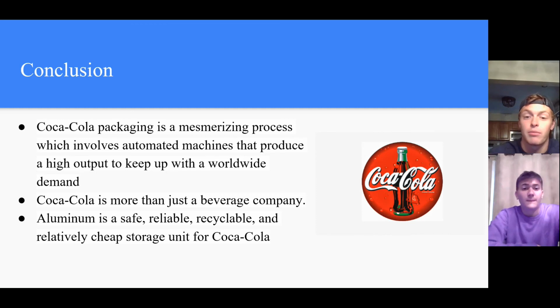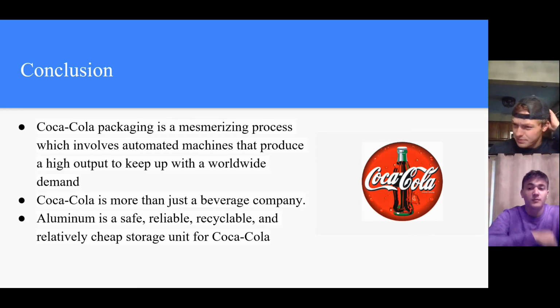And as Pat previously mentioned, Coca-Cola is more than just a beverage company, and they have their hand dipped in every pot. They sell teas, waters, sodas, but they even do a lot of merchandise. A lot of people have a Coca-Cola collection of various products with a Coca-Cola label on them. So I think that's another interesting thing about them.